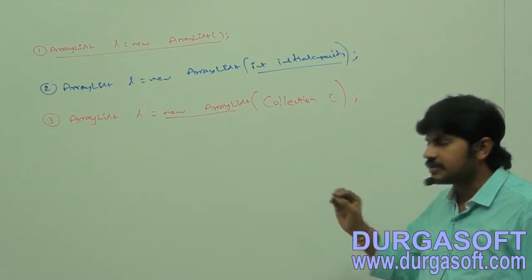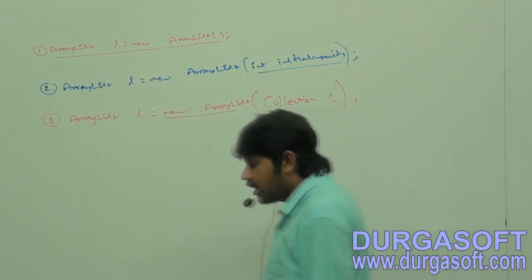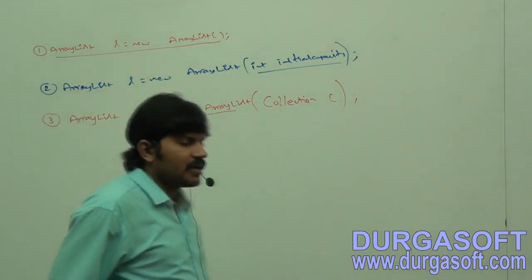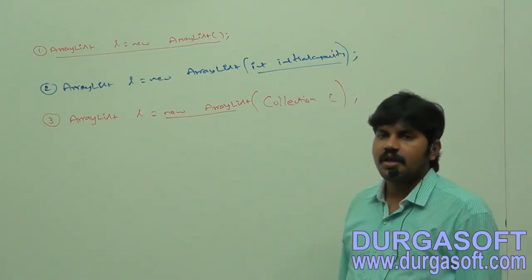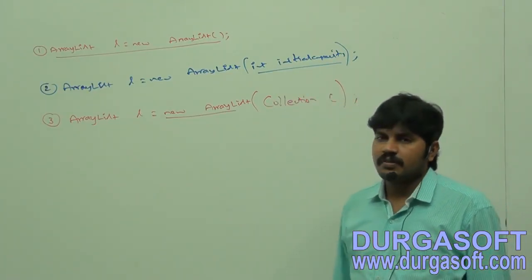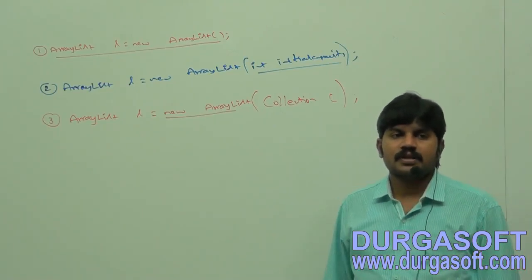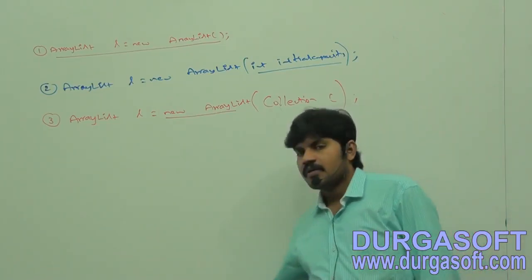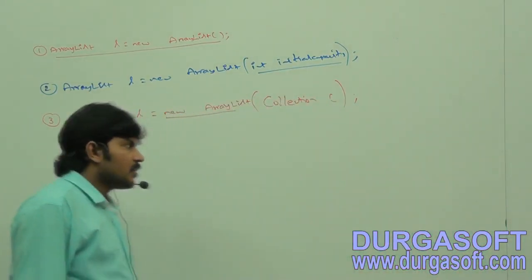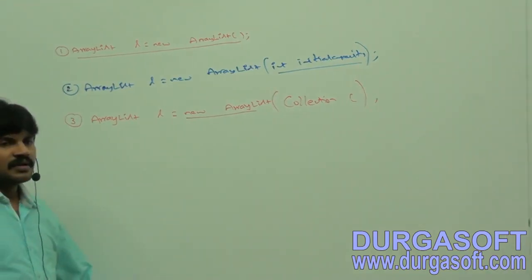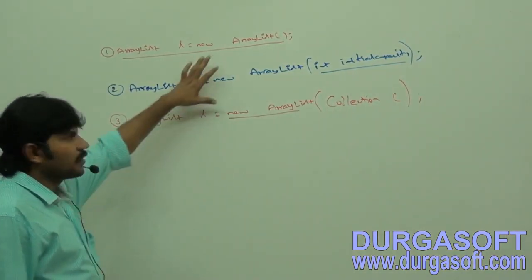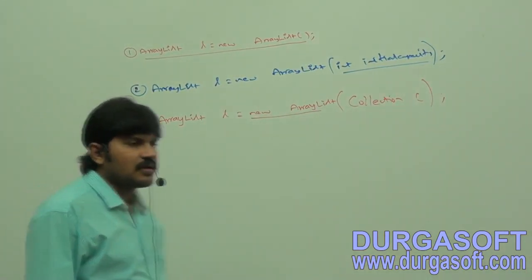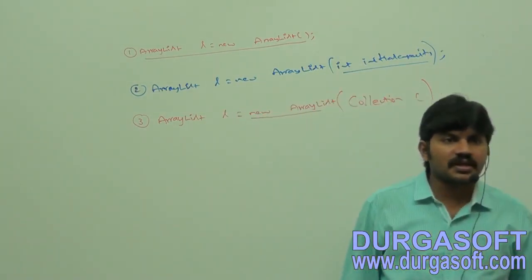Here the theory: it creates an equivalent array list object for the given collection. Okay, that's all. Completed up to this. Not required to keep any more explanation. So these are the three constructors we have present in the ArrayList class.